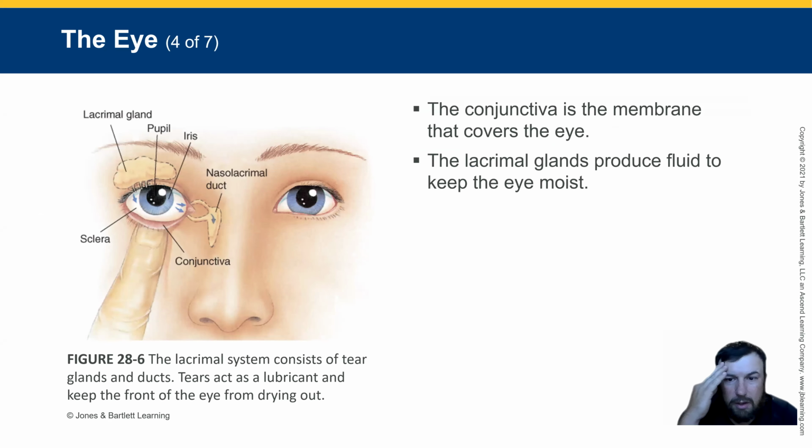I don't know. The conjunctiva is a membrane that covers the eye. The lacrimal gland produces fluid to keep the eye moist. The tears drain on the inner side of the eye through two lacrimal ducts into the nasal cavity.